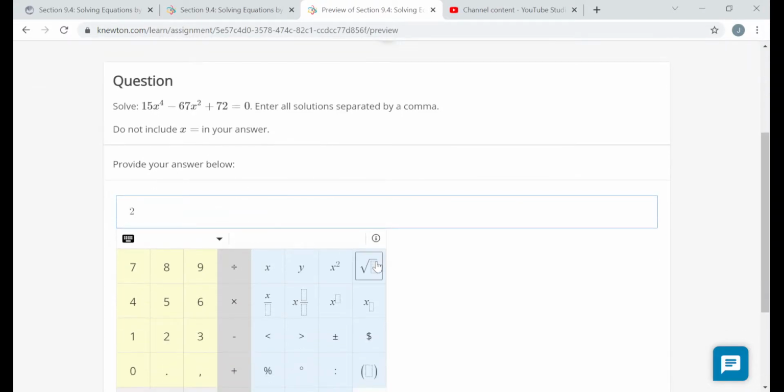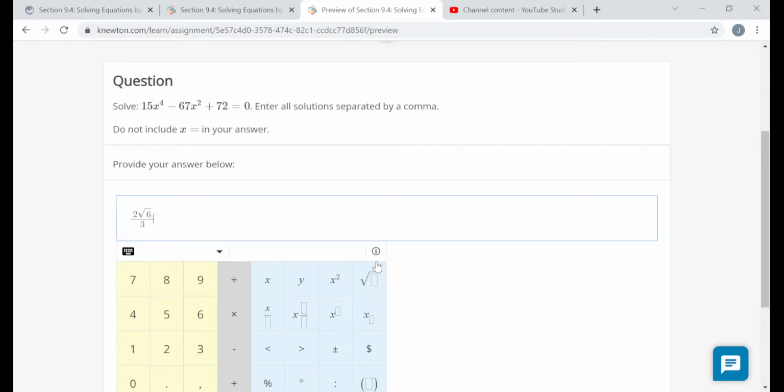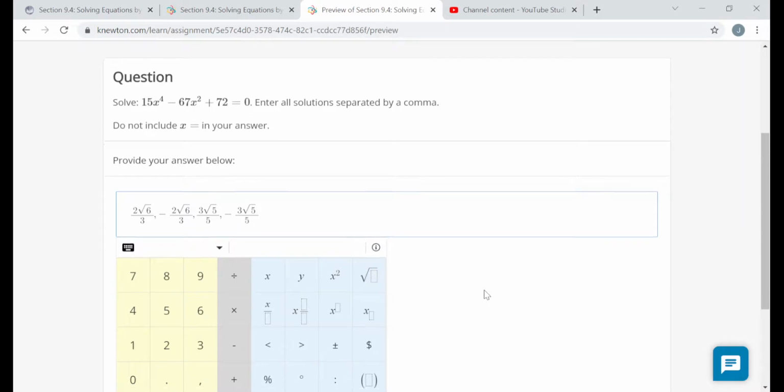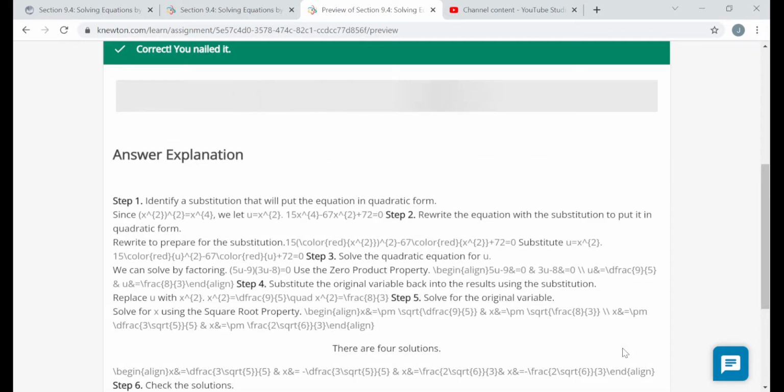So 2 square root of 6 divided by 3, comma, negative 2 square root of 6 divided by 3, comma, 3 square root of 5 divided by 5, comma, negative 3 square root of 5 divided by 5. Those should be good. Wonderful.